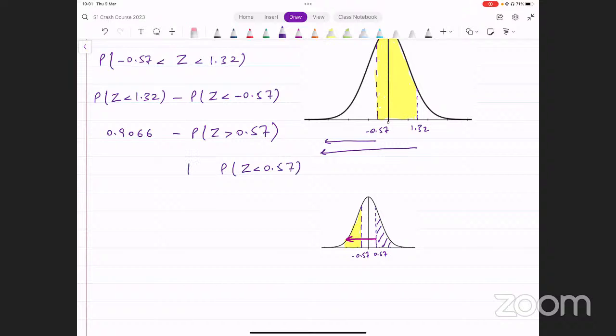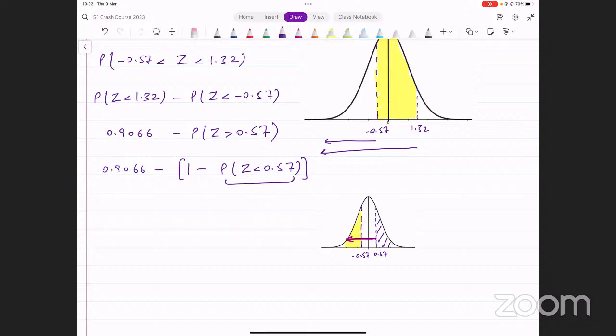Subtract this area from 1, and that would give you this probability. So z greater than 0.57 is the same as 1 minus the probability of z less than 0.57. So we basically subtract all of this region from 1, and that would give us the area to the right there. Now, outside, we have 0.9066.